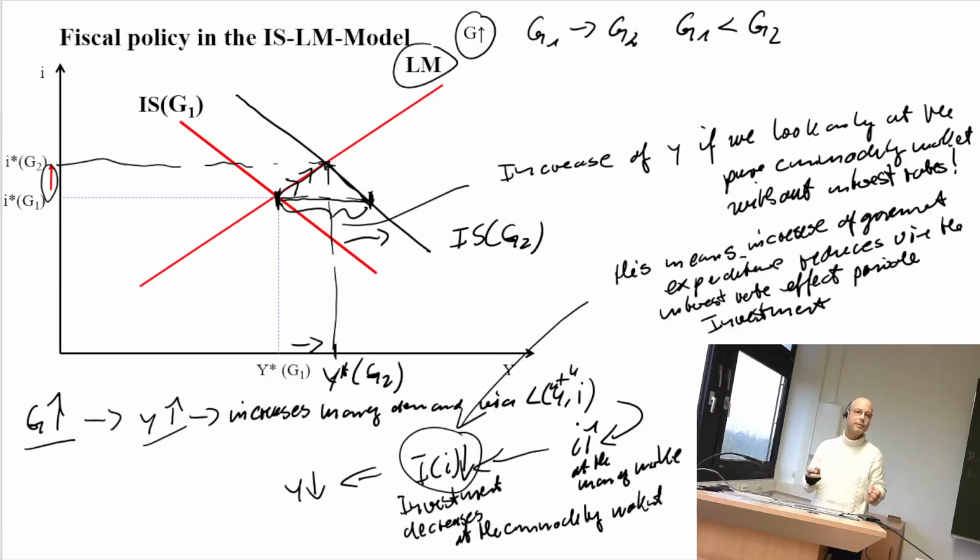And so to speak, we have an effect that we are pushing the economy via the government, but this push decreases the private activity via the private investment, and therefore we speak of the so-called crowding out effect. And of course, it is quite important how large this crowding out effect is.